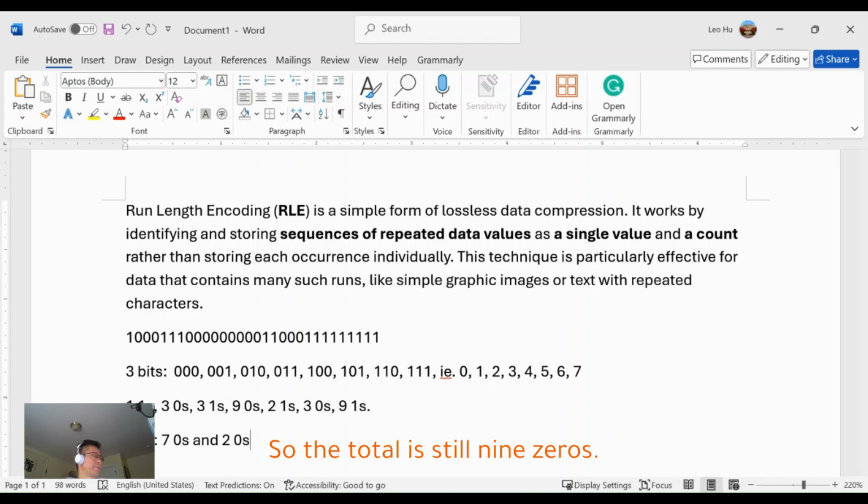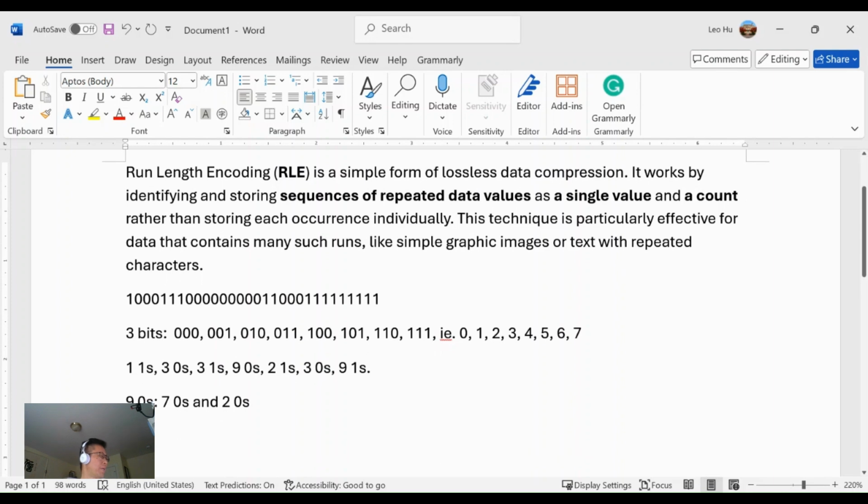So the total is still 9 zeros. And also there are the ones. For the 9 ones, we divide it into 7 ones and 2 ones.